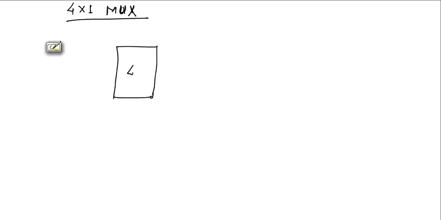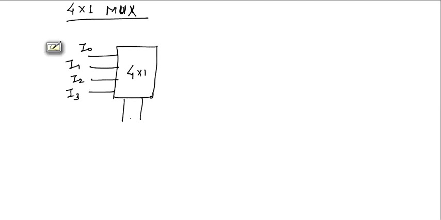Now we'll see 4:1 multiplexer. Multiplexer is also abbreviated as MUX. A 4:1 multiplexer will have 4 inputs: I0, I1, I2 and I3.